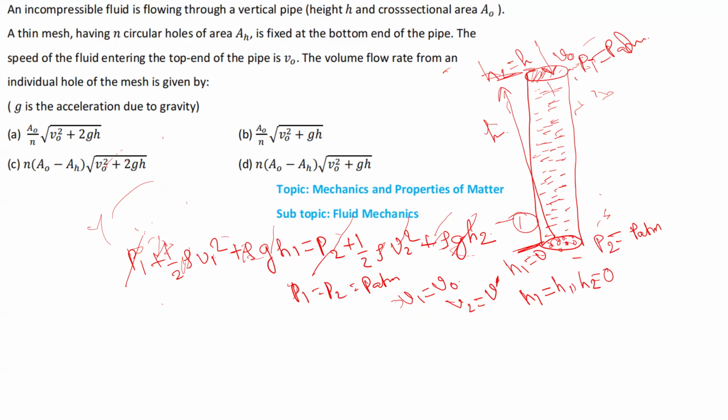So we'll get V dash as root over V naught square plus 2GH. So V dash is given by this expression.